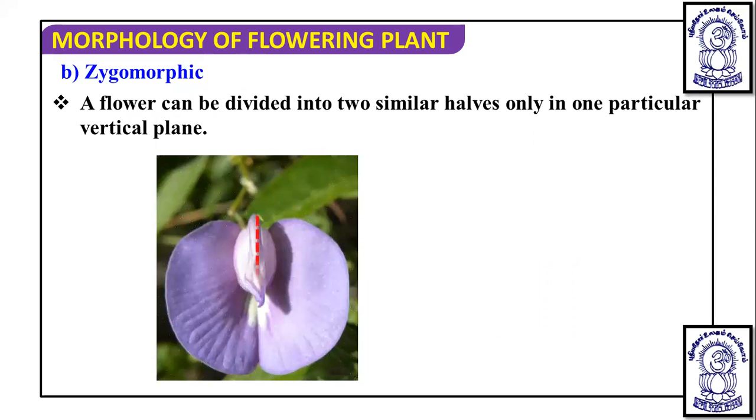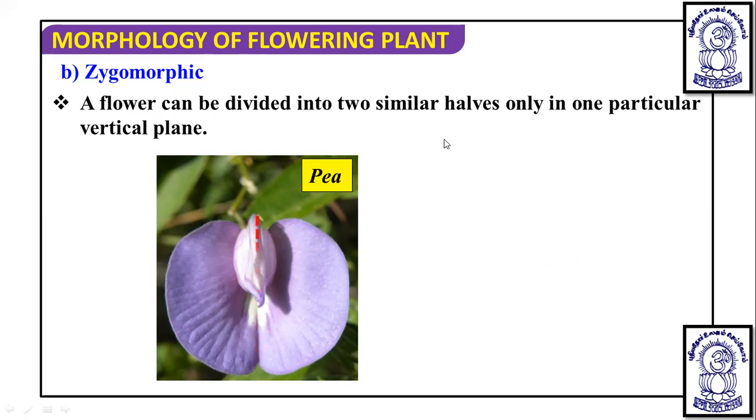You can see in this flower, if you cut from this plane only, it can be divided into two equal halves. From any other plane you will not be able to divide it into two equal halves, so it is zygomorphic or bilateral symmetry.